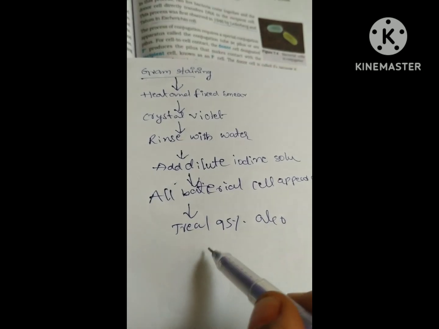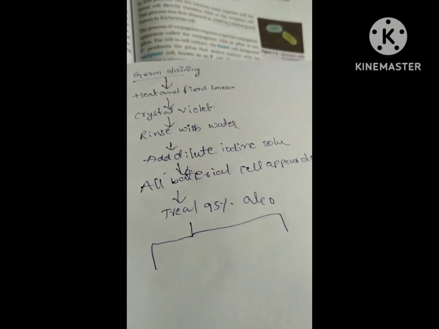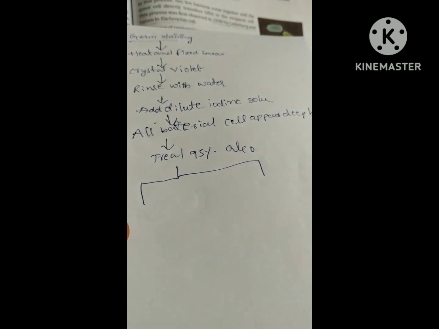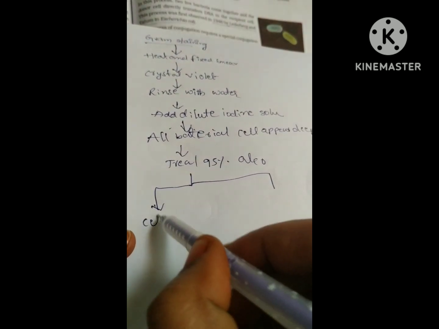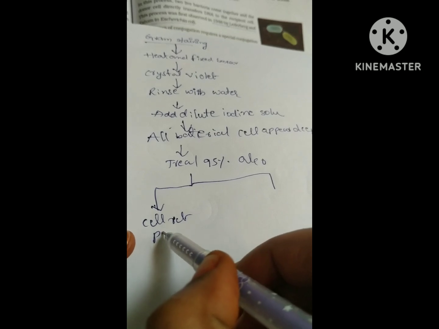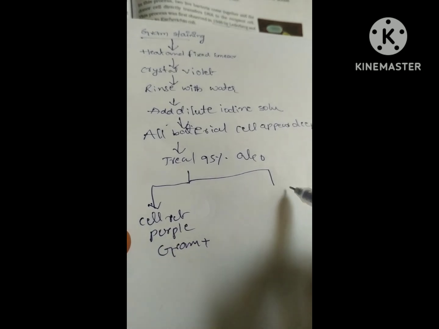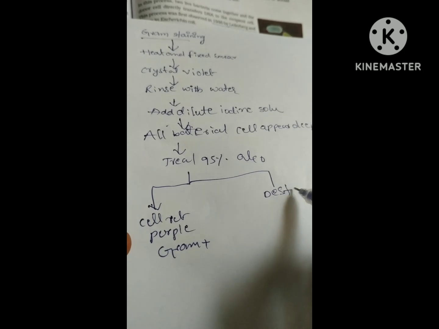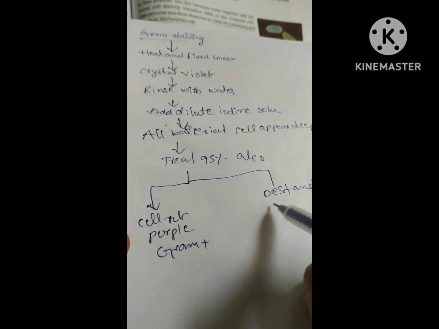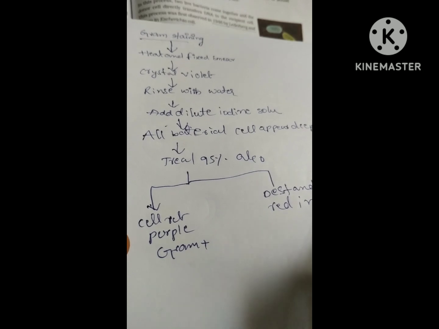Those that retain the purple color are gram positive. Those that are decolorized and appear red in color after counterstaining are gram negative.